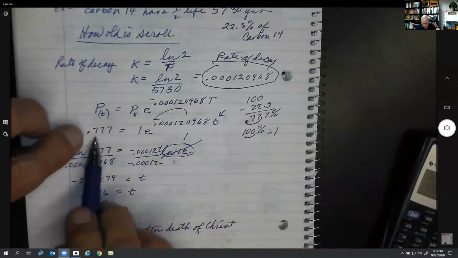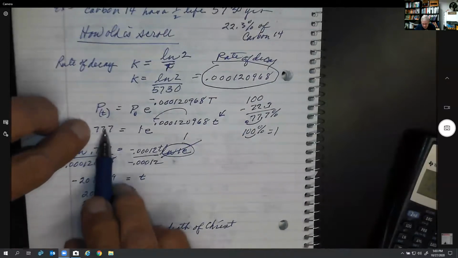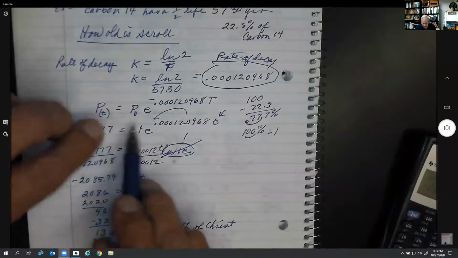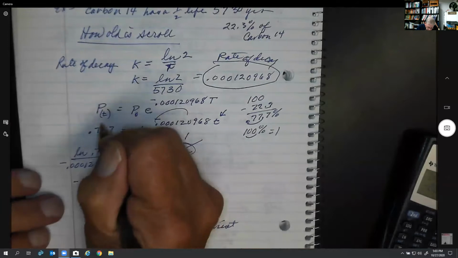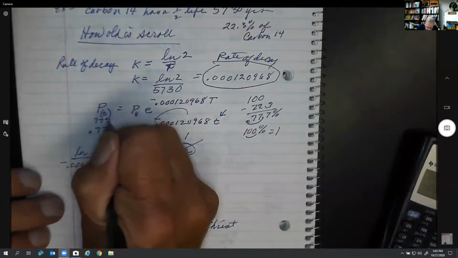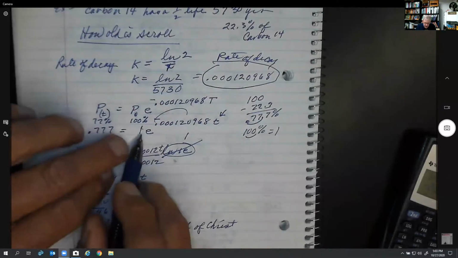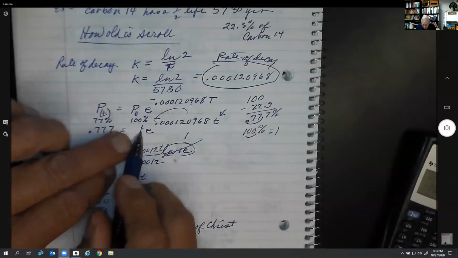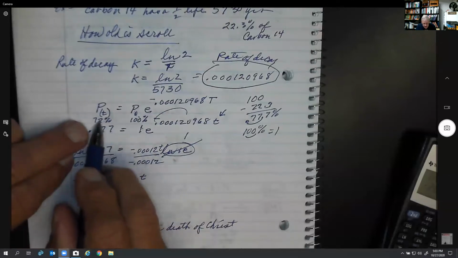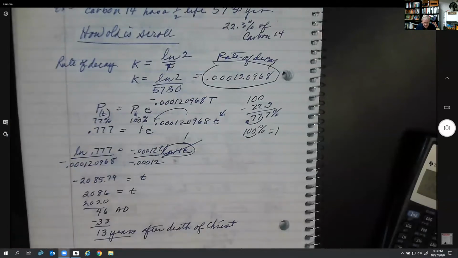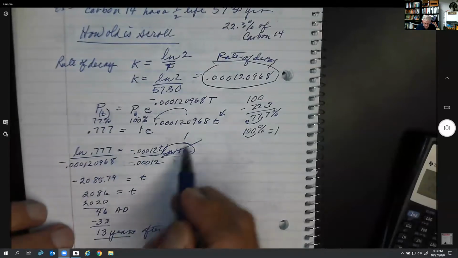What was left is about 77% of the carbon out of 100%. So you can think of this as 77% out of 100%. We changed it to a decimal because it's easier to work with 1 than it would be with 100. We could have done this with 77 and 100, but it makes the computation a little faster to change this to a 1.